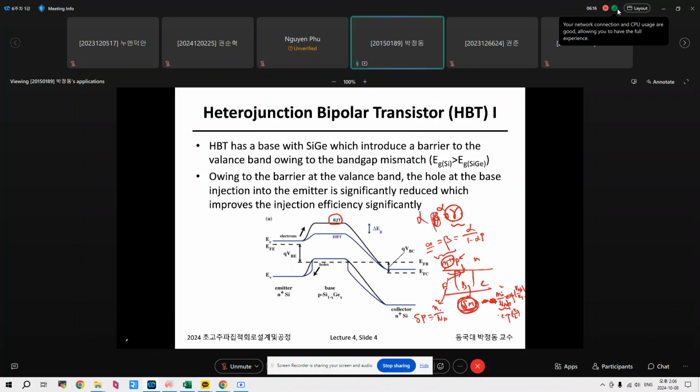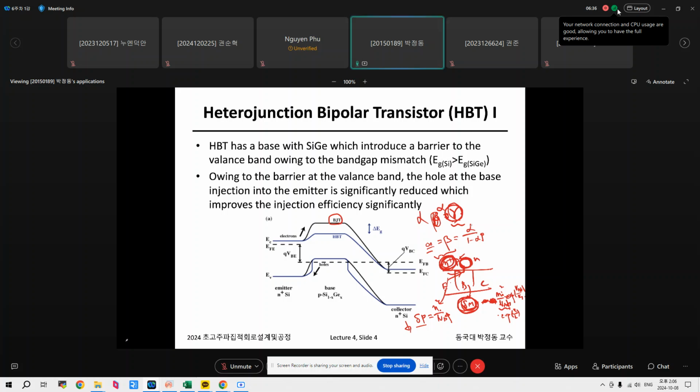So we need to make this small, which means we need to make ND high. That's why we implant high at the emitter and small at the base, to improve emitter injection efficiency.